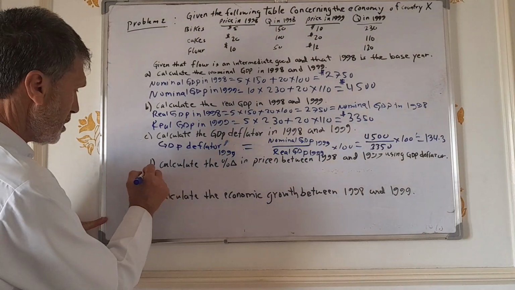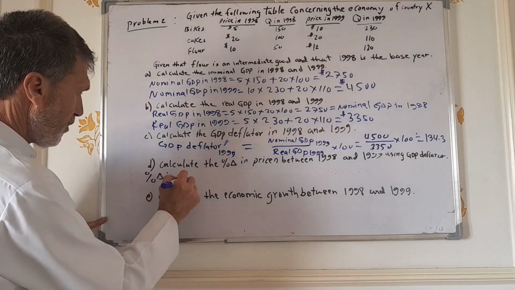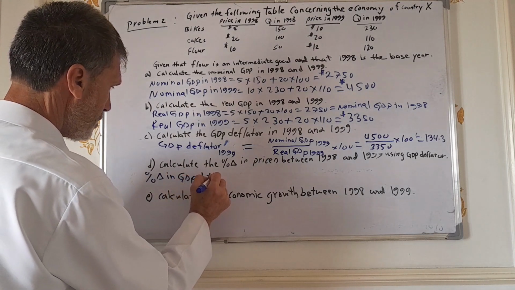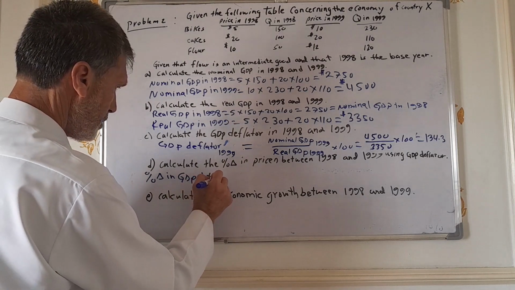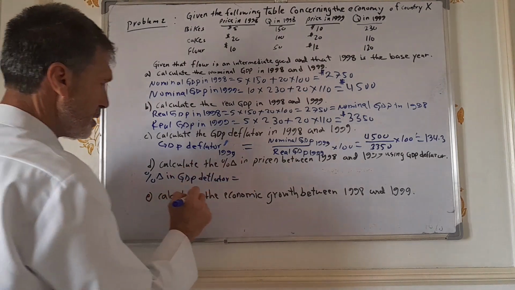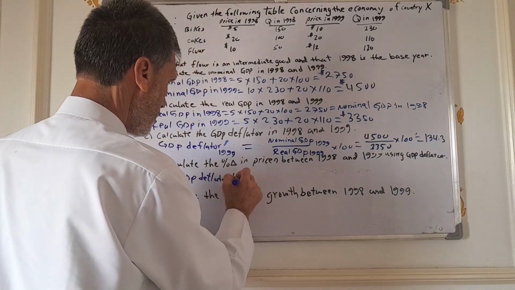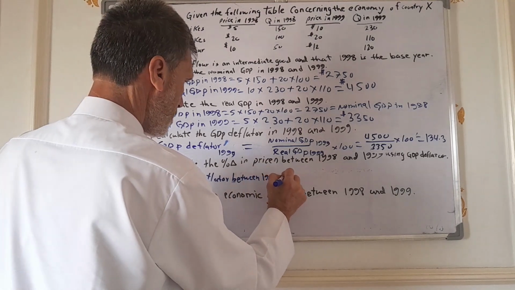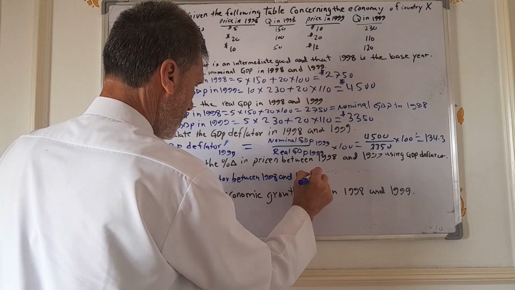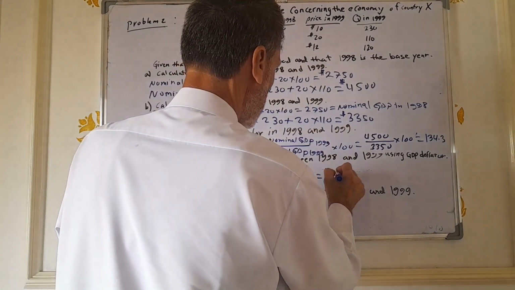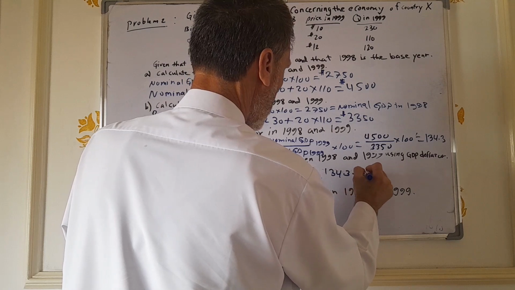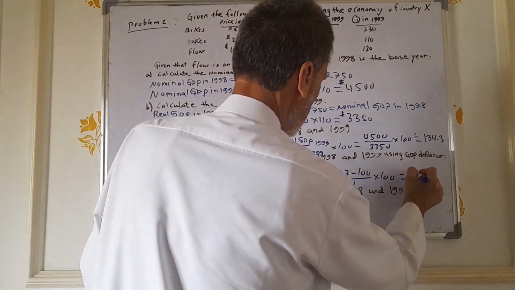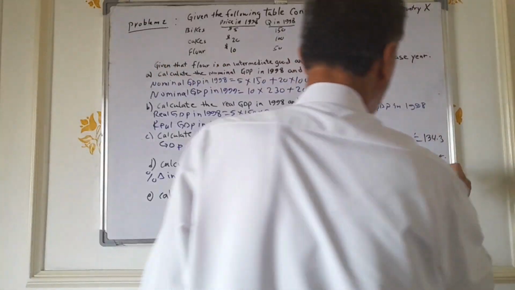So the percentage change in GDP deflator between 1998 and 1999 is going to be equal to 134.3 minus 100 over 100 times 100, or we come up with 34.3 percent.